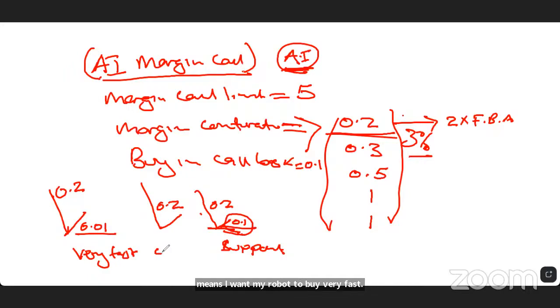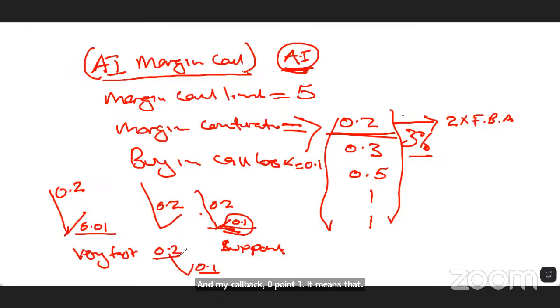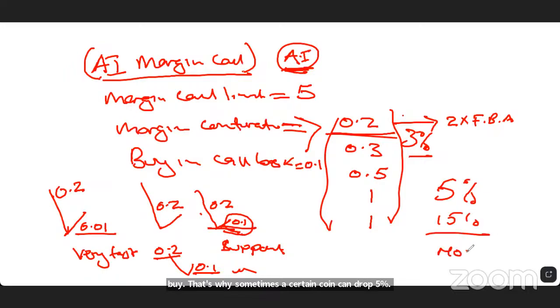If the market drops by 0.2 and my buy-in callback is 0.1, it means that sometimes the market can drop by 0.2, but if it doesn't rise by 0.1, the robot will not buy. That's why sometimes a certain coin can drop 5%, 15% when my robot is not buying.